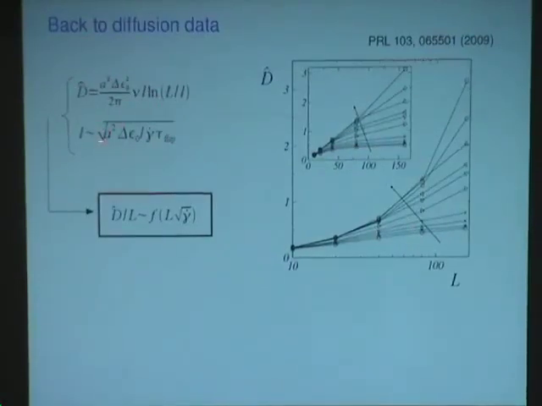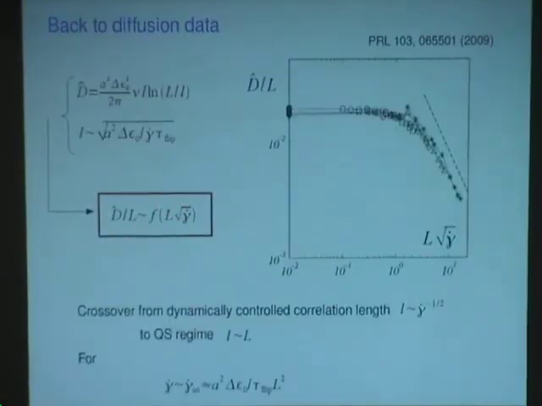And so what we do is that if you plug this inside here, you see that now d divided by capital L should be a function of l square root of gamma dot. And in fact, if you plug that in here, you see that it's a function which should decay with an exponent -1 at large values of this expression. So we plug that in, we do this plot, and this is what we find.